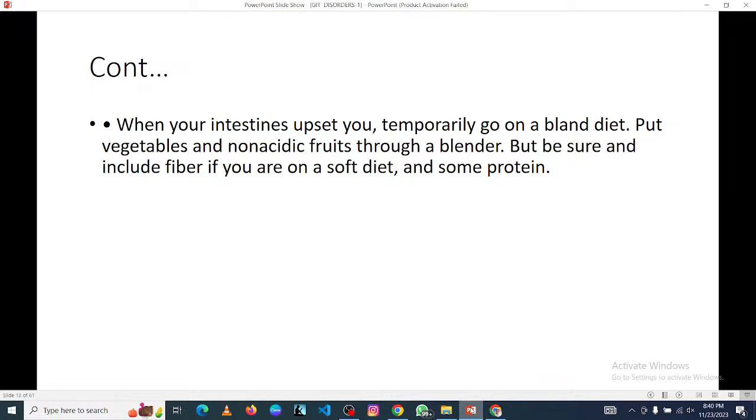When blended, there are a lot of people who agree, because the main reason why you should not take vegetables and fruits is because of the cellulose, the cell wall. Cellulose is very hard and indigestible. It's a fiber. So mostly vegetables have a lot of cellulose.